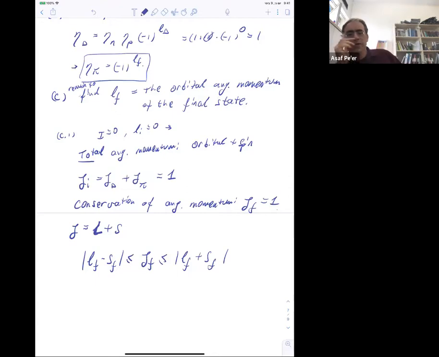Have you studied addition of angular momentum? Who has not studied addition of angular momentum? Please raise your hand if you have not seen this before. But nobody is raising their hands. So I will assume that you have seen that, which is quite good.